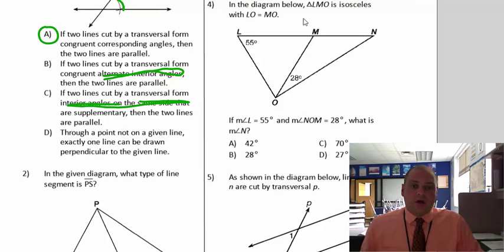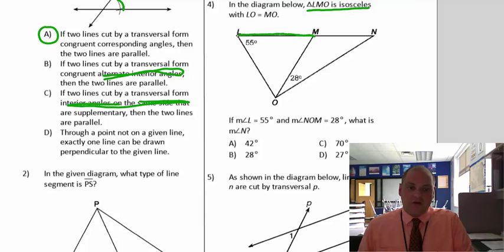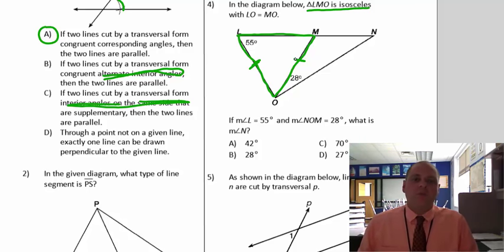In the diagram below, triangle LMO is isosceles. They're telling us that. Okay, so LMO, this triangle right here, is isosceles. LO equals MO. So it's an upside down isosceles triangle.